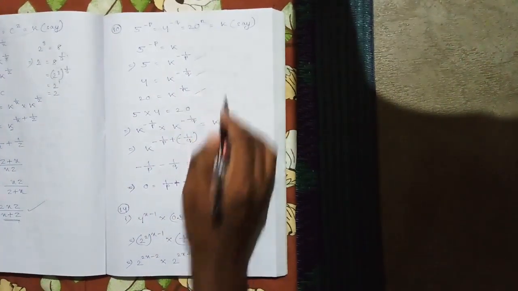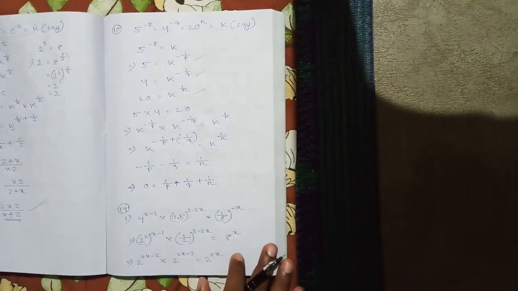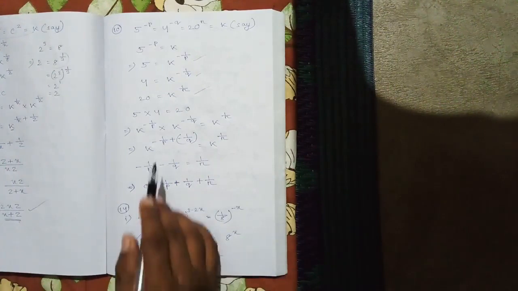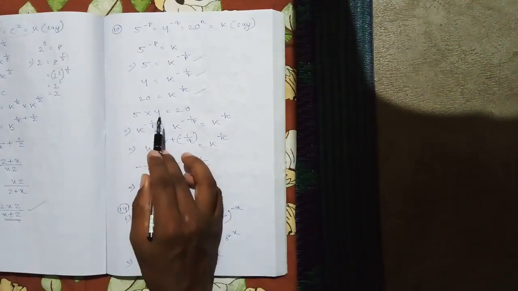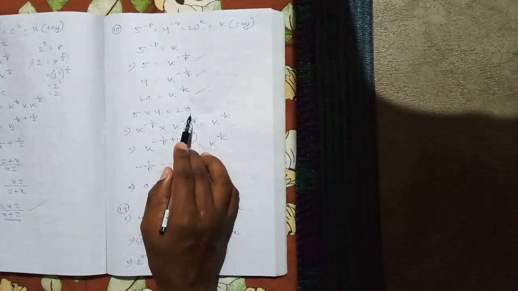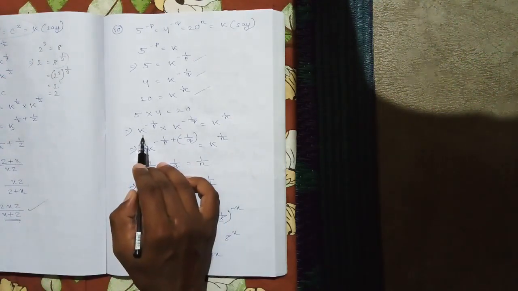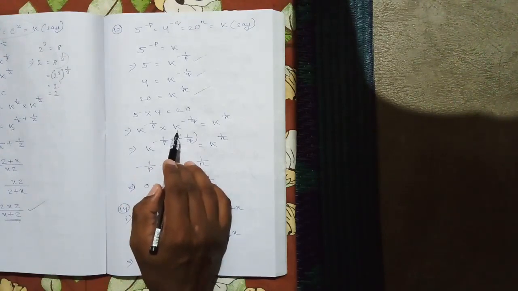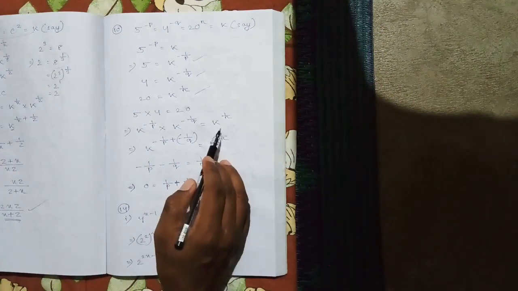Okay, so we got the values of 5, 4 and 20 in terms of k. Now what is the relation between 5, 4 and 20? 5 into 4 is equal to 20. This is not given in the question, we have to think by ourselves. Put the value of 5, k^(-1/p), into what is 4, k^(-1/q), is equal to what is 20, k^(1/r).